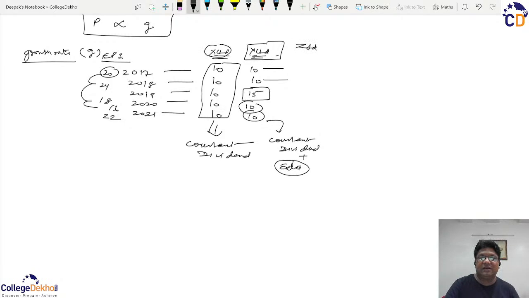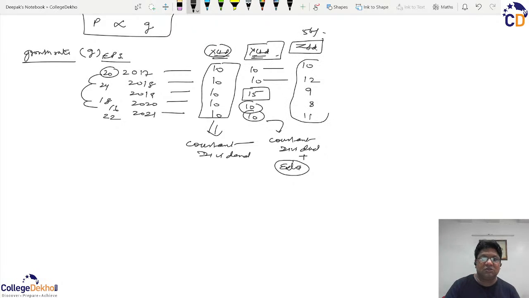Another company, Z Limited, may follow that we will always distribute 50% of their retained earnings. So in that case, in the first year they will give 10, 50% of 20, then they will give 12, then they will give 9, then they will give 8, then they will give 11.